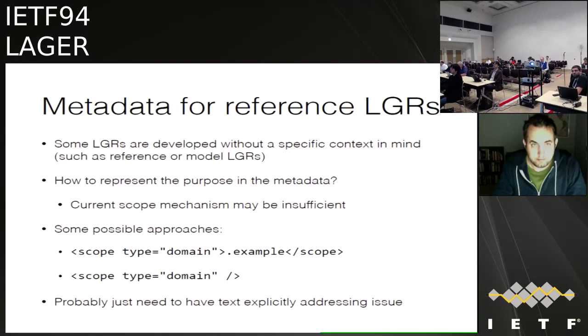Personally, I don't think the exact approach is as critical as simply acknowledging in some text how authors are expected to denote that it's a reference LGR. So I'm happy to take suggestions or alternate text or alternate approaches on how to do that. I think it's a relatively minor issue. Next slide.